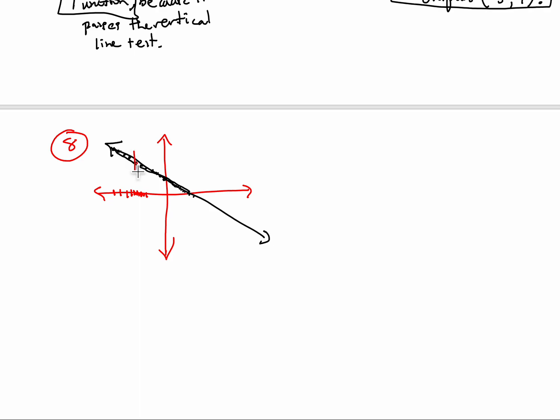So is there one output for every single input? And there is. That means that every infinite input, even though it's not on the graph, it may be way down here, has exactly one output. So this is a function.